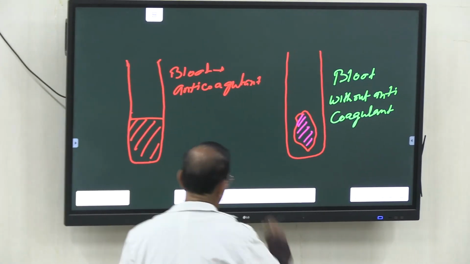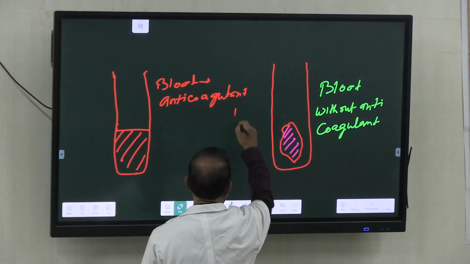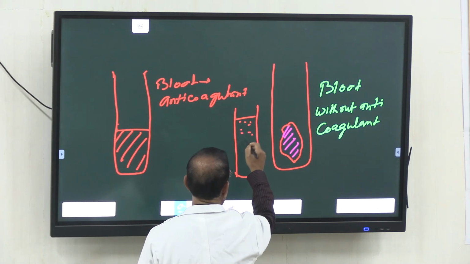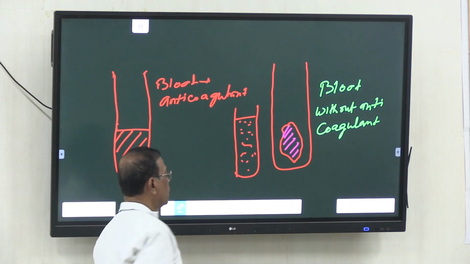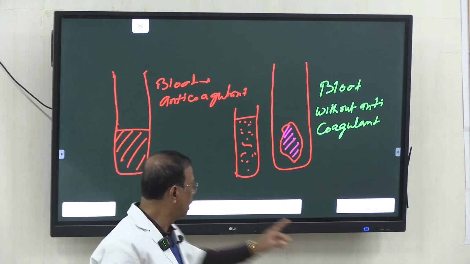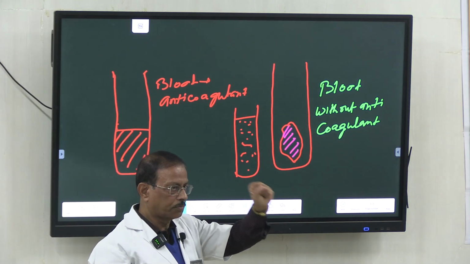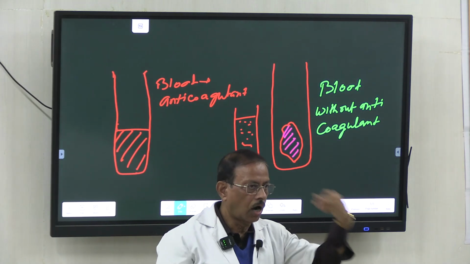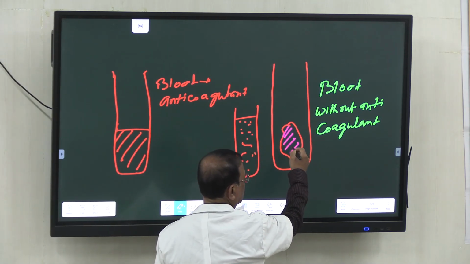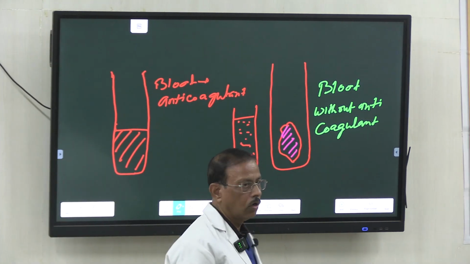Here in the beginning you will find that blood is just like that, collected. Now it will become jelly-like thing, followed by this portion will start contracting and express the liquid portion out of it, and this portion will become like that. This is a solid part. So that is called serum.